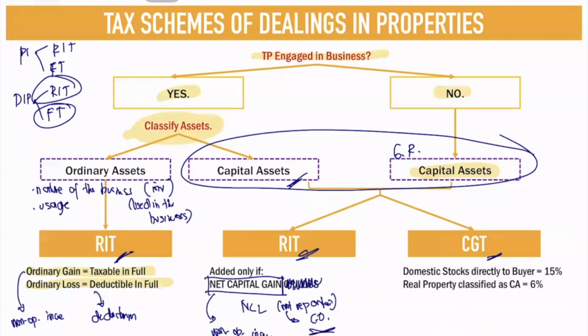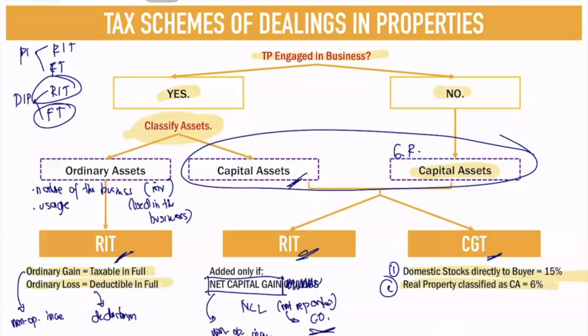Now, for capital assets subject to CGT, we only have two items subject to CGT. Sir, what are those? First, domestic stocks sold directly to buyer, 15%. Real property classified as capital asset, 6%. So although we have already discussed this before in our introduction as to the tax schemes, we said your tax scheme is either RIT or final tax.